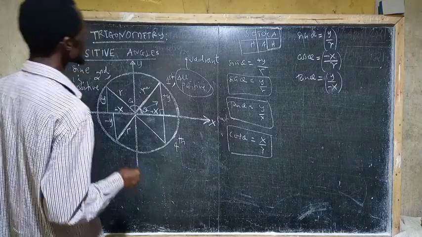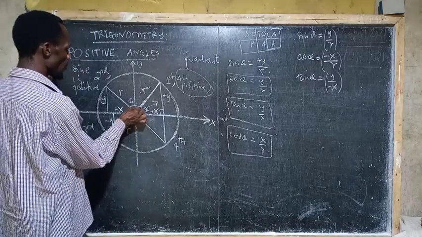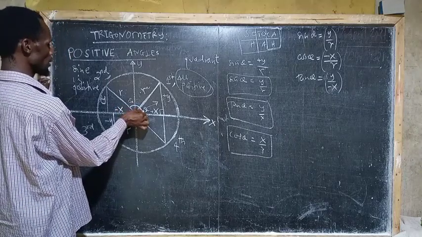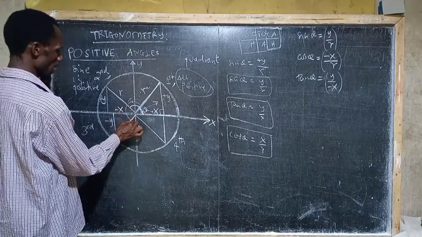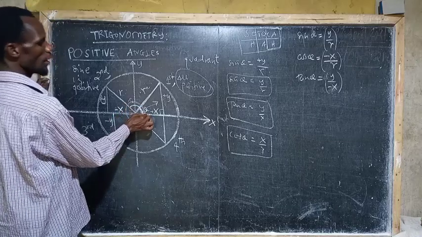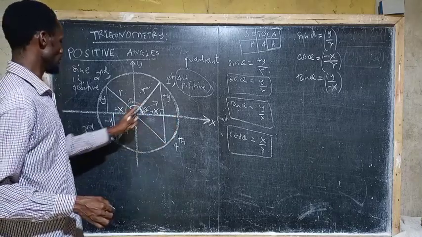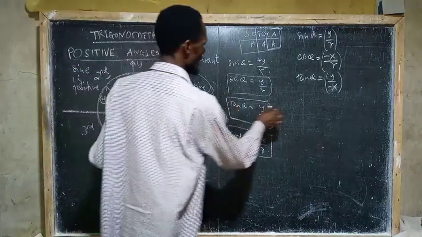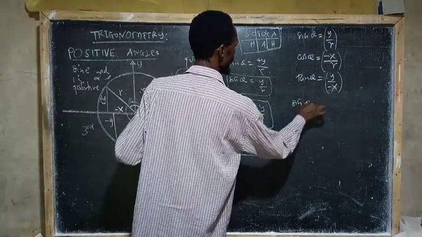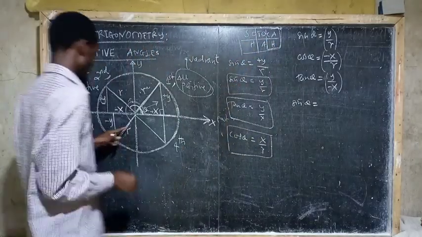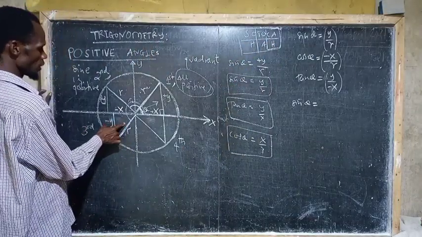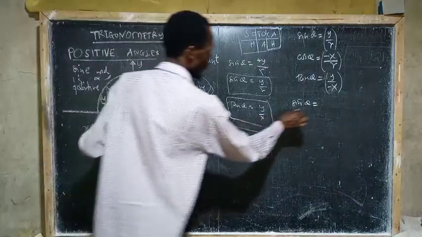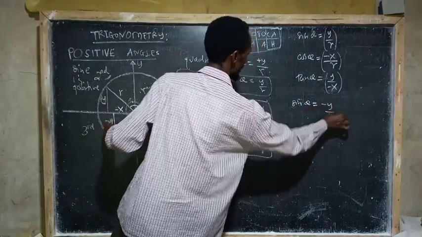But the angle is definitely measured from east to here. So remember, let's start with sine. Sine of an angle is equal to opposite over hypotenuse. For this one, opposite is here, hypotenuse is here. So it is negative y over r.